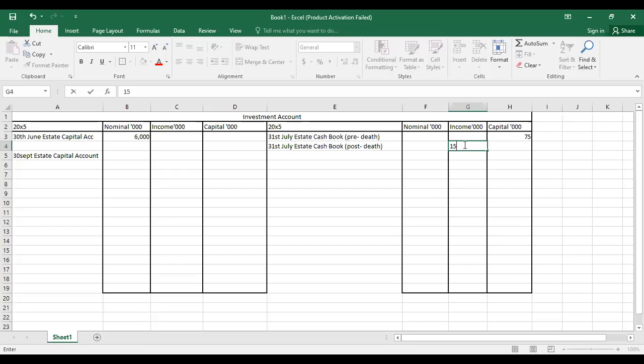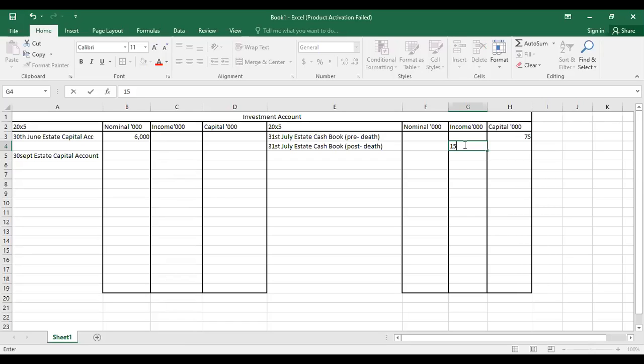Do we have any interest due? You want to tell me once this person dies, that's all? You know, the dividends are paid as at the end of the period. Does it mean that we don't have any interest due?